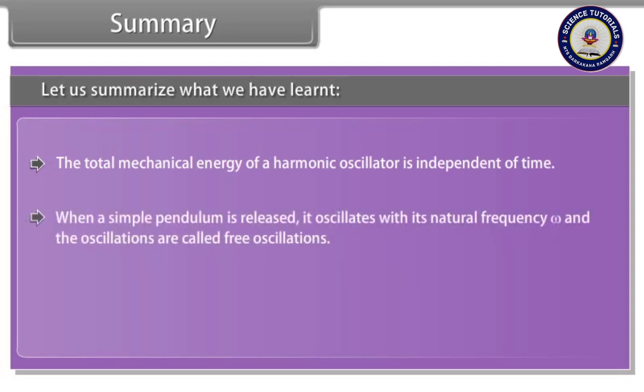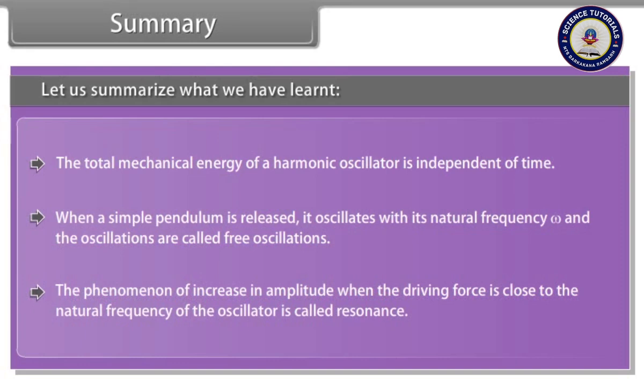When a simple pendulum is released, it oscillates with its natural frequency omega, and the oscillations are called free oscillations. The phenomenon of increase in amplitude when the driving force is close to the natural frequency of the oscillator is called resonance.